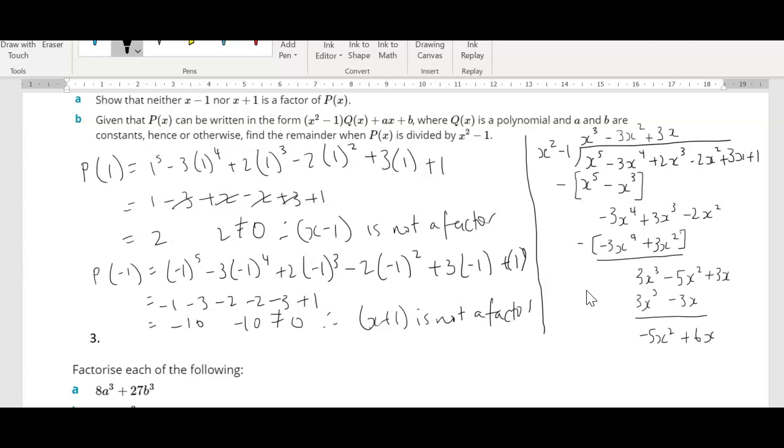Let's go through the process again. x squared into negative 5x squared is just negative 5. And then negative 5 times negative 1 is positive 5. Bring down the plus 1. So then we're left with 6x, and 1 minus 5 is negative 4.